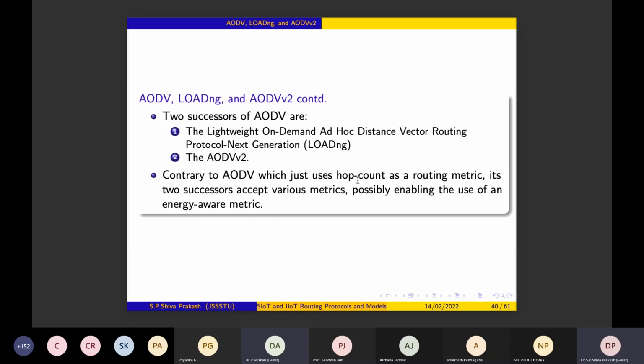When we say hop count as a routing metric, most SIoT, or social Internet of Things, applications can use AODV whenever they are trying to find services which are not available within their relations.